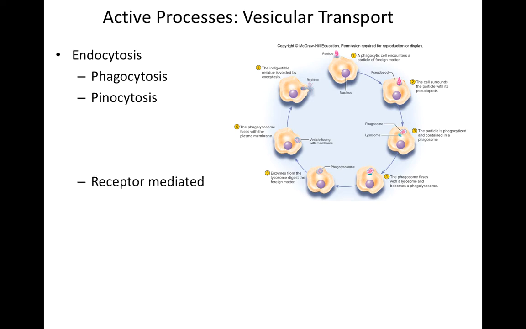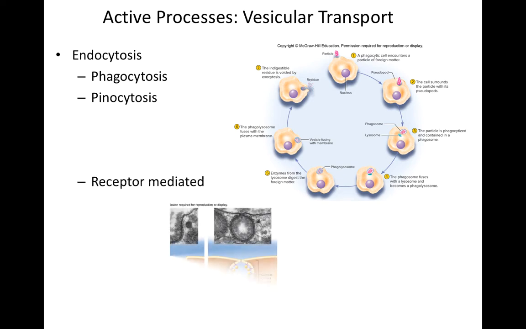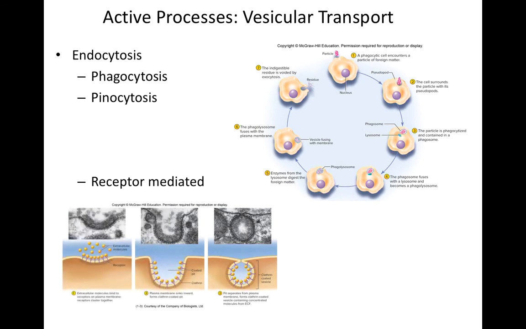Now, a really specialized case of this is called receptor-mediated endocytosis. Here, you actually have receptors, so remember that these would likely be proteins in the membrane, and when they bind their very specific ligand, it triggers the formation of the vesicle, again requiring significant amounts of ATP at each and every step.